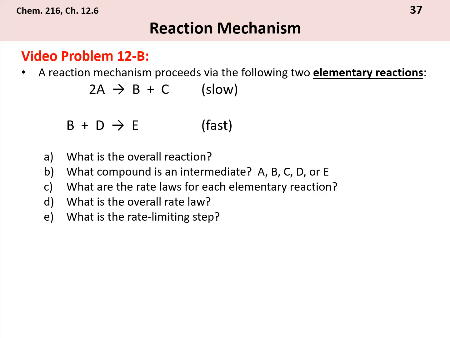Take these two elementary reactions, sum them up to get the overall reaction, determine what the intermediate is, and figure out the rate laws for each of these elementary reactions. What's the overall rate law, because this first one's slow, and what is the rate limiting step? All right, so go through that.